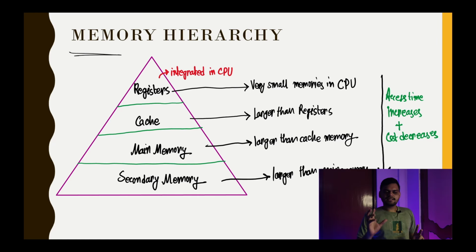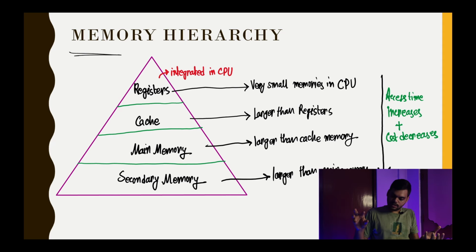Let's talk about some access time. Like CPU is trying to access data, from where can it access the data fastest? Obviously the CPU will access data the fastest from the memory registers. After that, it can access data from the cache memory, which will be a little bit slower.